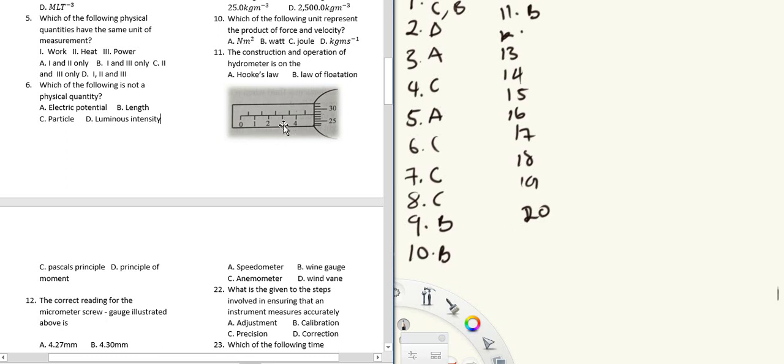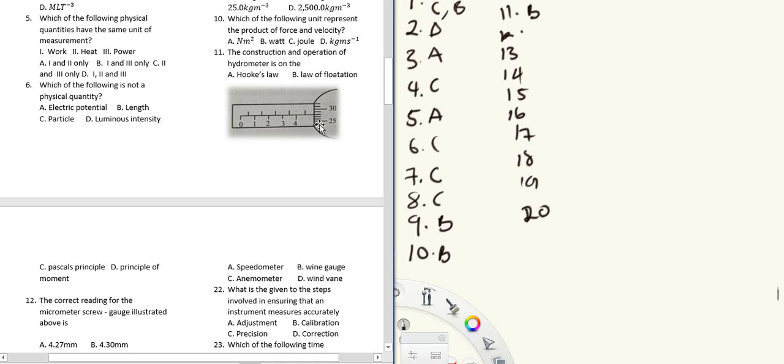In this case, this is our lower scale, and the lower scale is the actual main scale. And then you have the thimble scale, which is the very small scale, or the micrometer scale.